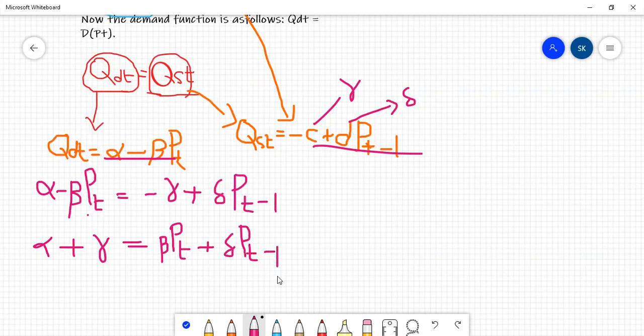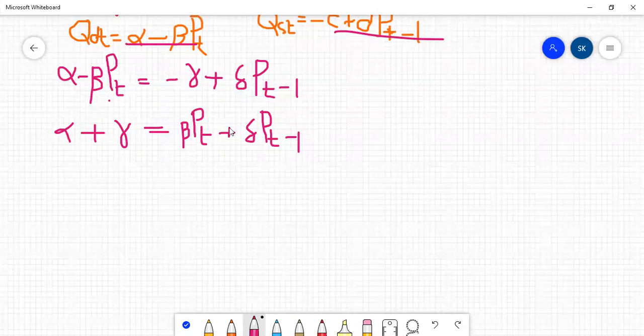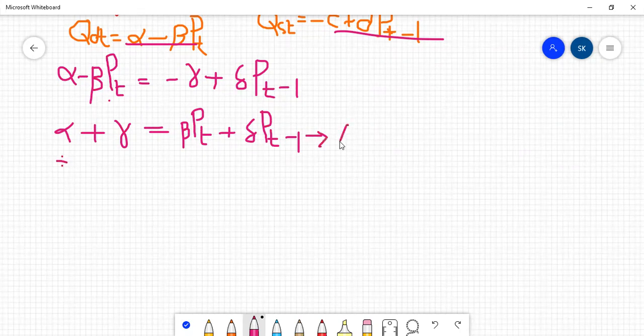Coefficients of the price variable are both brought together. Now we will divide this whole function by beta. For our simplicity, let us name this equation number A. Now divide equation A by beta.